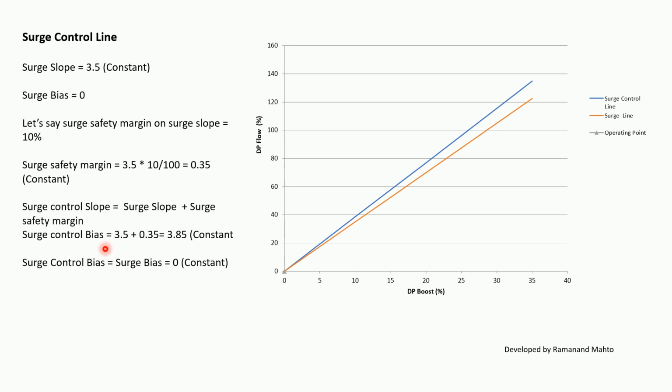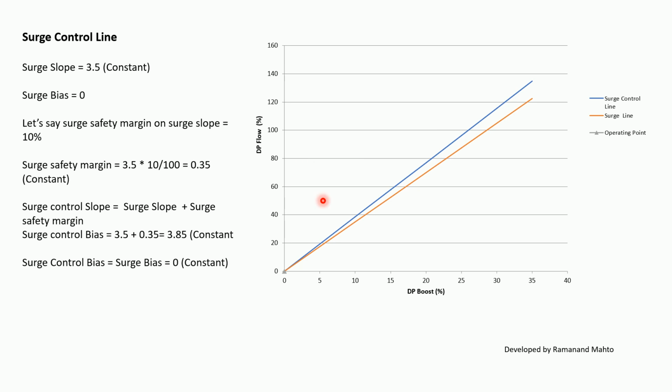Sorry, it is not bias, surge control slope, wrongly written bias should be slope. 3.5 plus 0.35 is 3.85. But please note that surge control bias is equal to surge bias, which is 0. So in both cases surge bias is 0, but the surge control line slope is larger than the surge line slope.